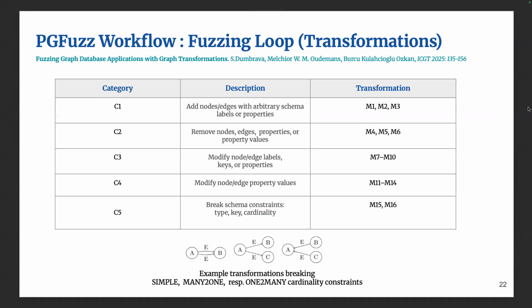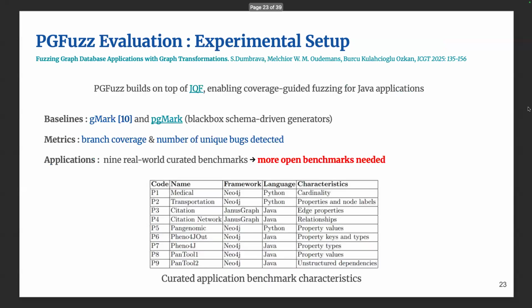So what we did is we categorized the different types of constraints that we want to stress test. And for each of these categories, we define specific mutations, so transformations, that we then apply. For example, if we have cardinality constraints like simple many-to-one or one-to-many, then we produce graph inputs that explicitly break this.